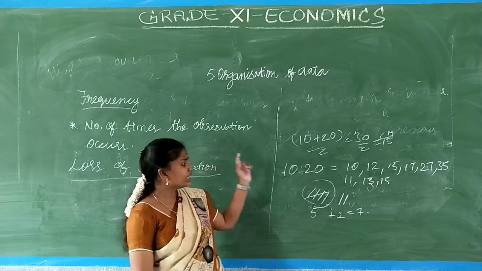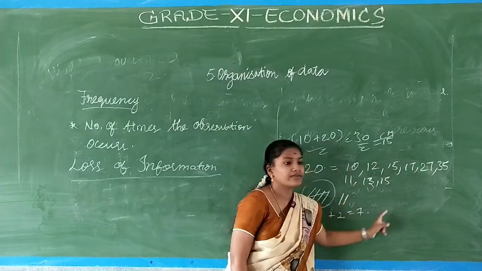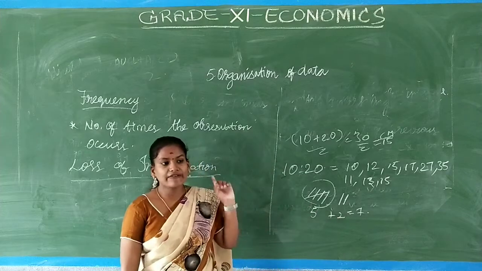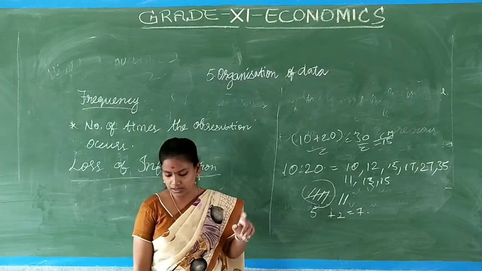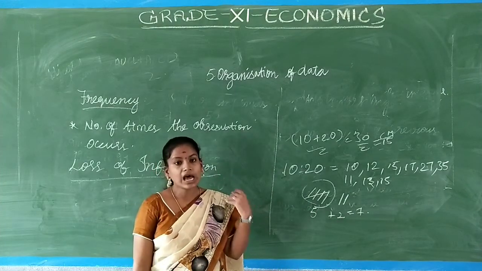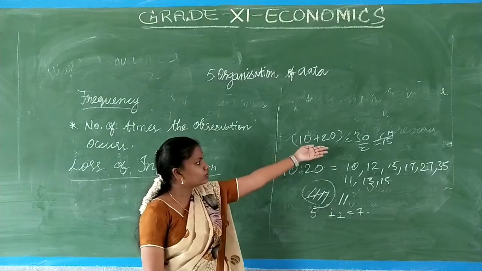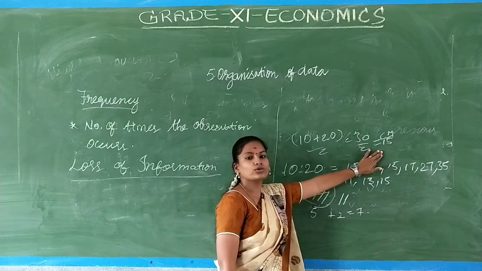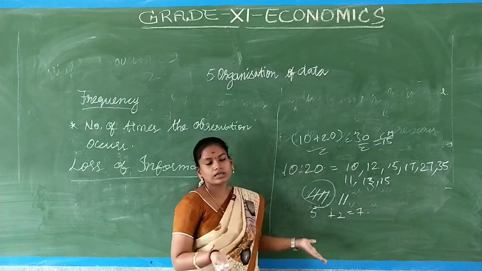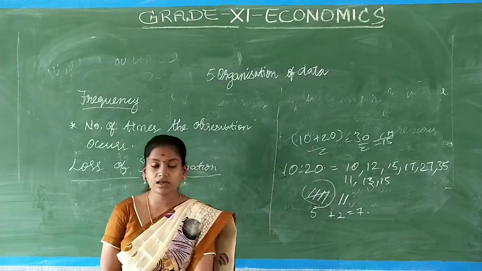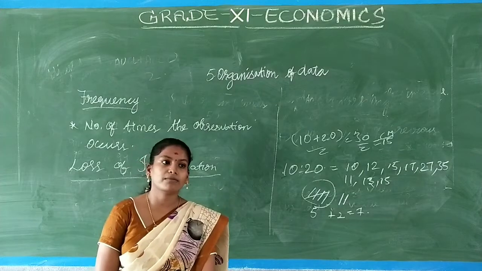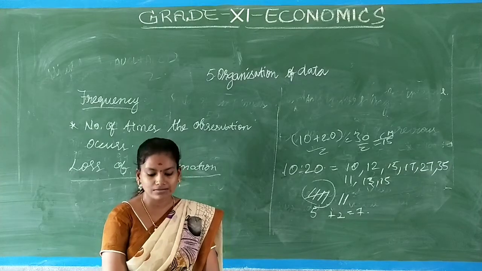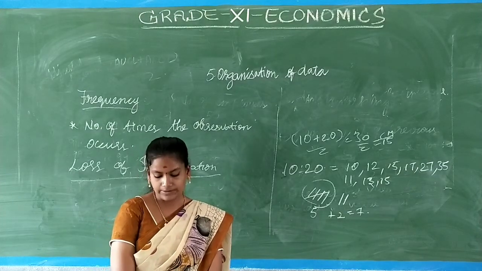Does every value get importance? No. You will not consider the values which are lesser or higher than the class mark, but you will talk only about the class mark and the frequency.